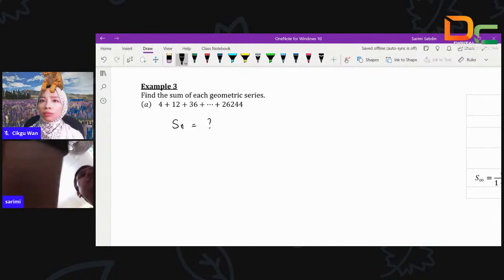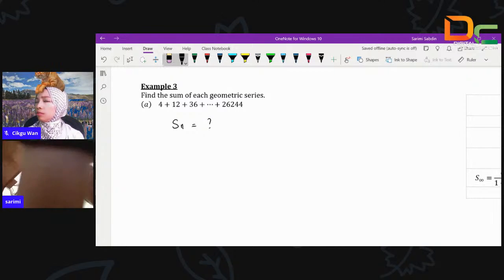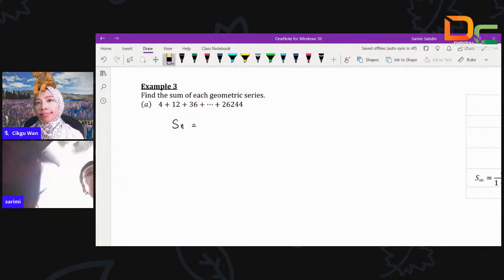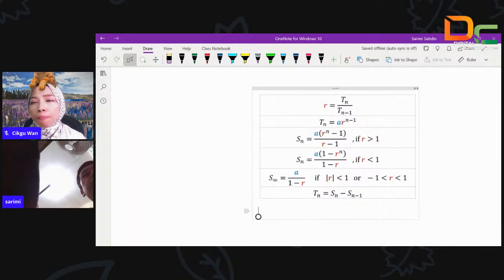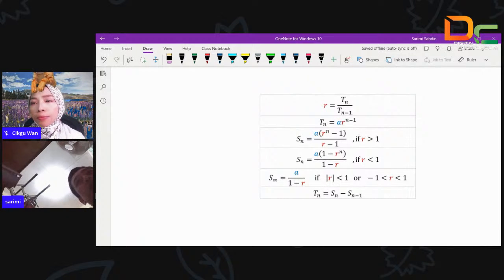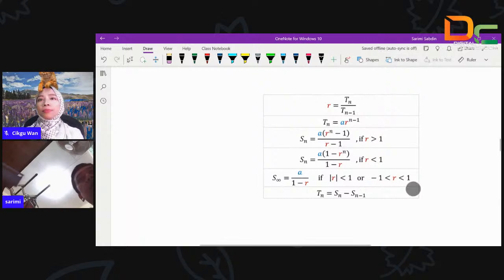To find Sn, there are two formulas: A times r to the power of n minus 1 over r minus 1, or A times 1 minus r to the power of n over 1 minus r.